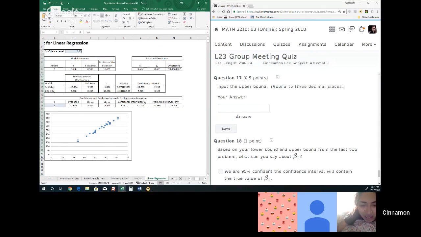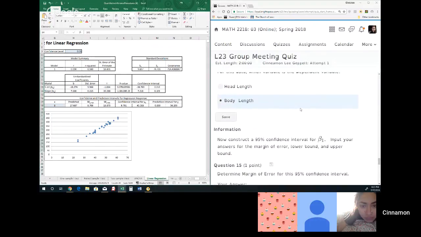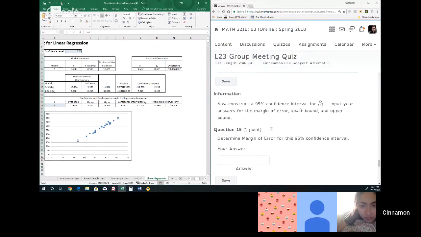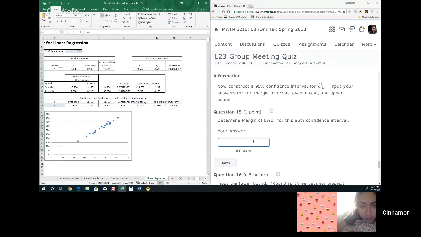Where are we at on our questions? Okay, input your answers. The margin of error for this 95% confidence interval is, okay, so this is when we take the difference and divide by 2.